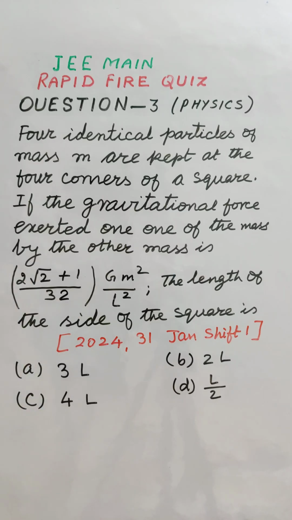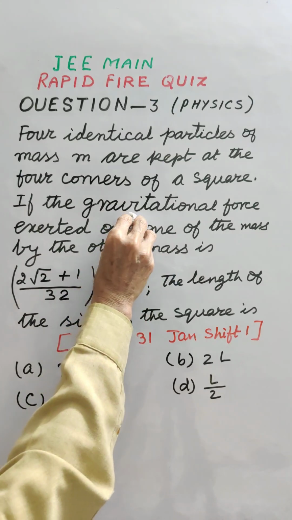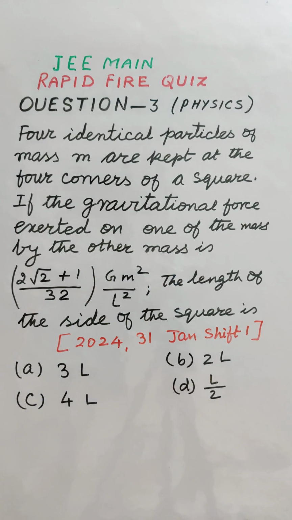If the gravitational force exerted on one of the masses by the other masses is (2 root 2 plus 1) upon 32 times Gm square upon L square, the length of the side of the square is: 3L, 2L, 4L, L upon 2. This came in 2024, 31 January shift 1. We have to find the side of the square.